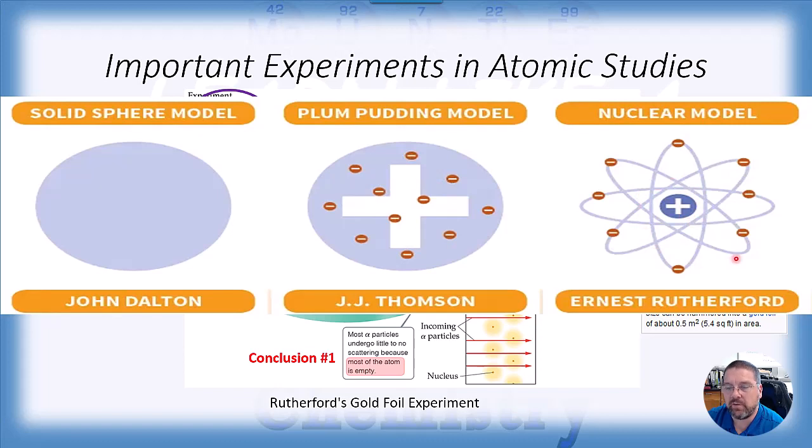Now, this model, I would call it the Jimmy Neutron model, but even this model does not do justice to what Rutherford was saying in his conclusions. When he said the central core, the nucleus, was very small, this representation here is way too big. I would say maybe something 10,000 times smaller than this. It's almost mind-boggling to think how small the nucleus is in comparison to the volume of the overall atom.